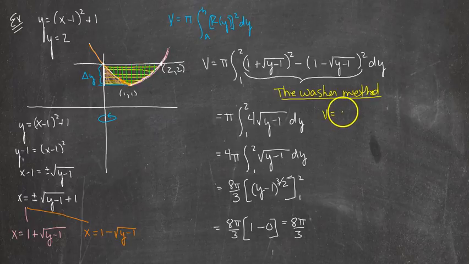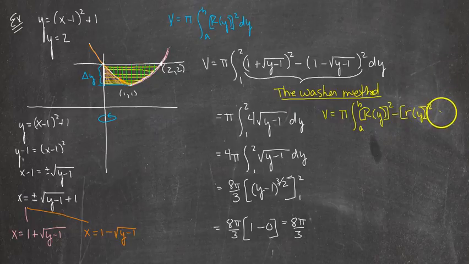It says that the volume can be calculated as pi times the integral from a to b of the outer function, so the bigger radius, in this case of y, because I'm just mirroring this function. So the outer radius, the pink one, take away the inner radius, and evaluate it, which is exactly what I did here. I just did it by setting it up logically.